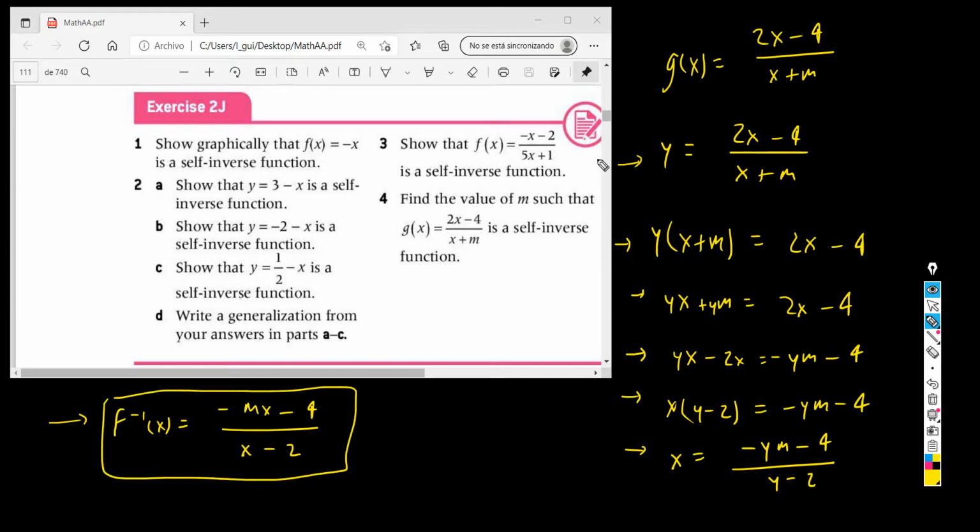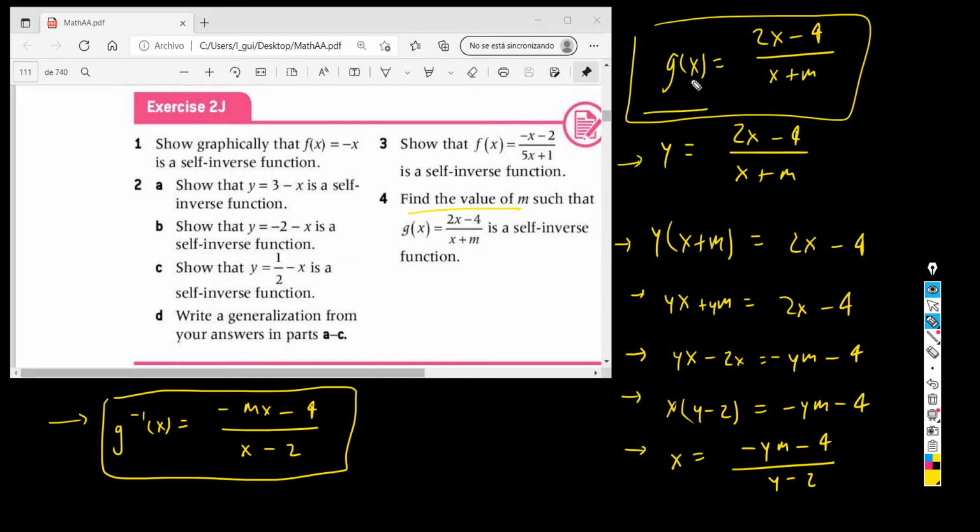Sorry, it's not f inverse, it's g inverse. G inverse of x is equal to this, and g of x is equal to this. Take a look at them. Take a look at g of x, it's this much, and take a look at g inverse of x, it's this much. And the question is, find the value of m so that this is a self-inverse function.